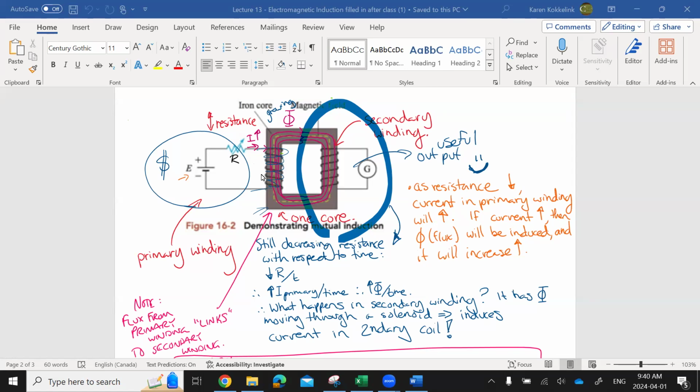When that current changes, when there is a change in the current of a coil that is wrapped around a ferromagnetic material, we know that there is a flux induced inside that material. And that's what Faraday said to us.